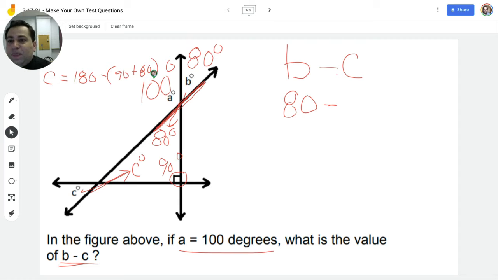Squeeze it in there. 90 plus 80 is going to be 170. So C is going to be equal to 180 minus 170. C is equal to 10 degrees. Well, that's great news. So I have B: B is 80, C is 10. And my final answer will be 70.